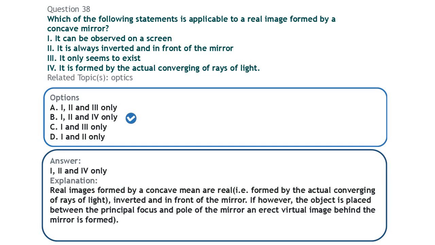You can leave that out because the question is already restricted. Real images are formed from the actual convergence of light rays. The apparent convergence of light rays will form virtual images, but real images are from the actual convergence. So I and IV are correct. Real images actually exist, not seem to exist, so this is wrong.